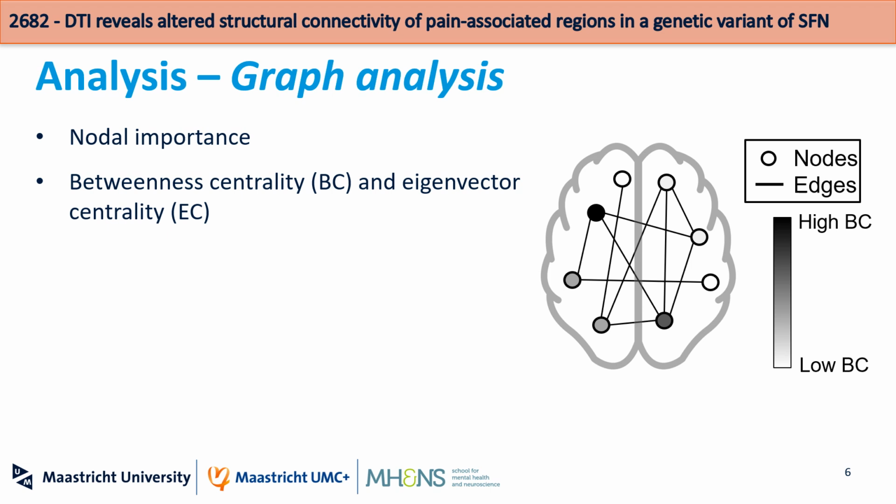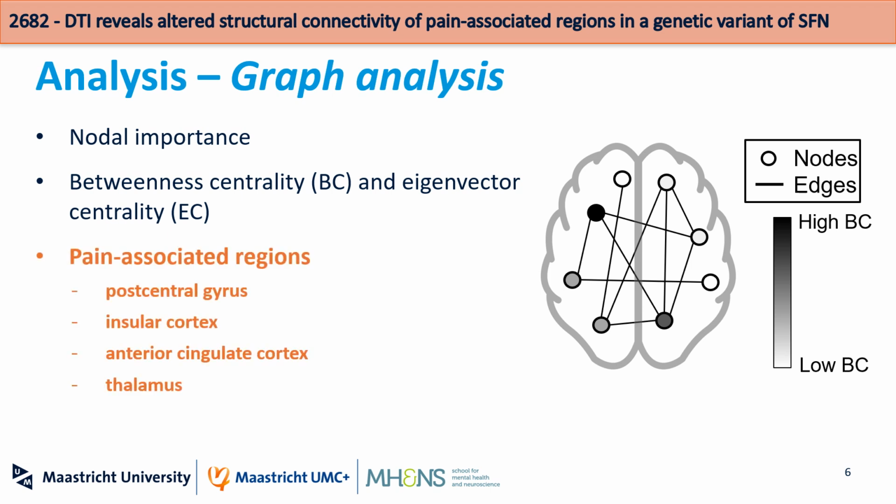For example, the betweenness centrality is defined by the number of times a certain node is included in the shortest path in the network, and the eigenvector centrality is a relative measure of nodal importance, indicating how many nodes connected to the certain node have a high nodal importance.